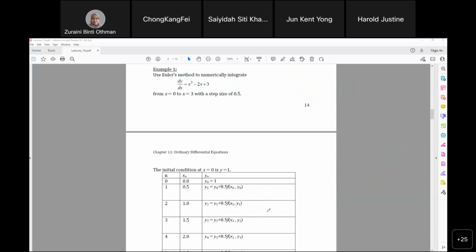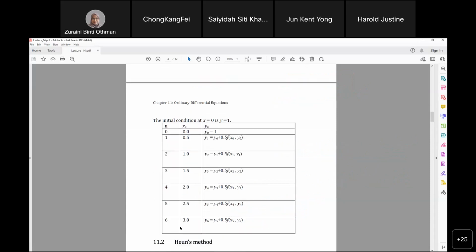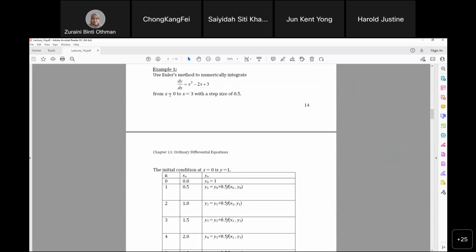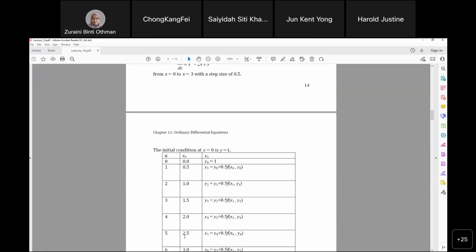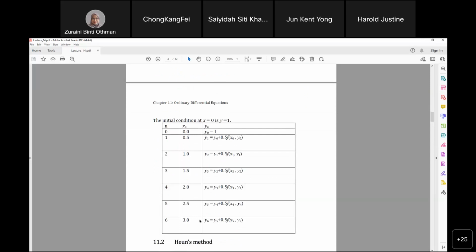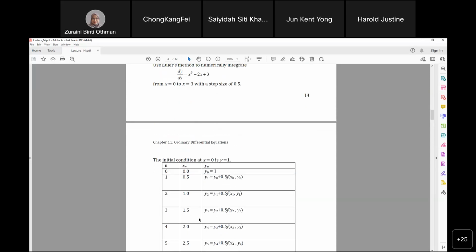Repeat the similar operation until you finish, because we have to solve for x daripada 0 sampai 3. Then daripada soalan sebenarnya kita dah tahu how many calculations involved. Then any question for that?